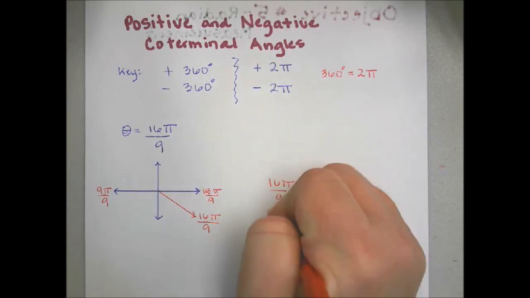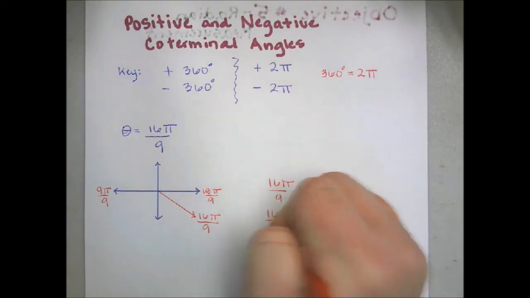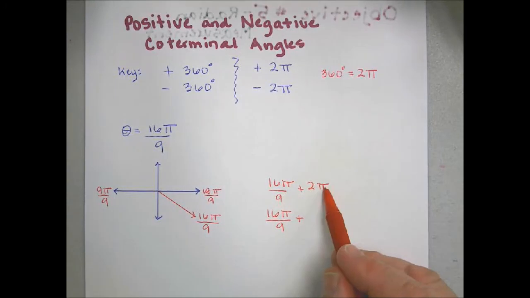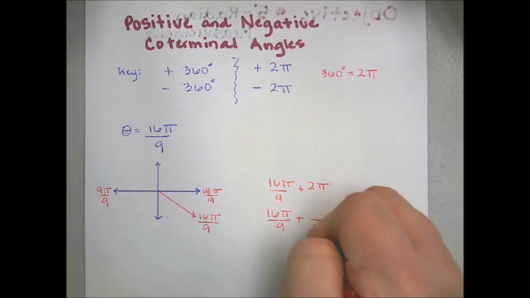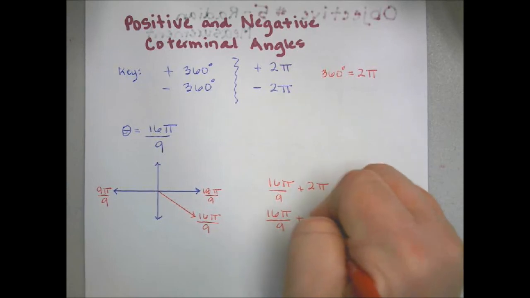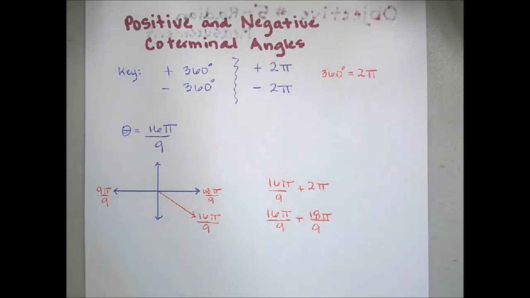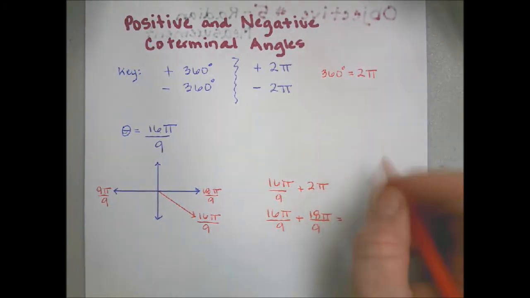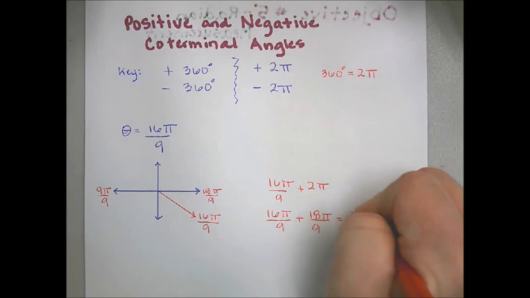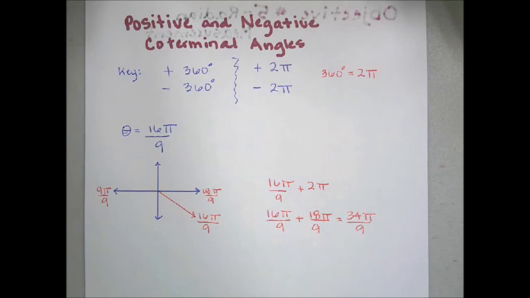So that's actually 16 pi over 9 plus, now the equivalency of 2 pi, when it's written in terms of ninths, would be 18 pi over 9. Now I can add them because I have common denominators. So this would be 34 pi over 9. So that would be your positive coterminal angle.